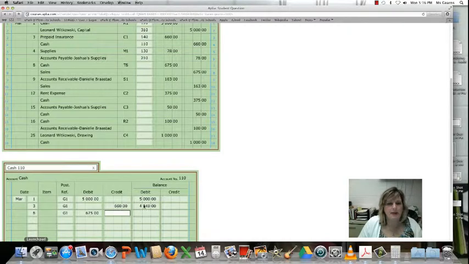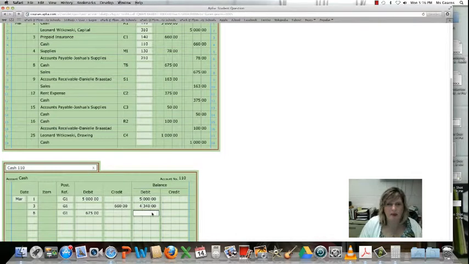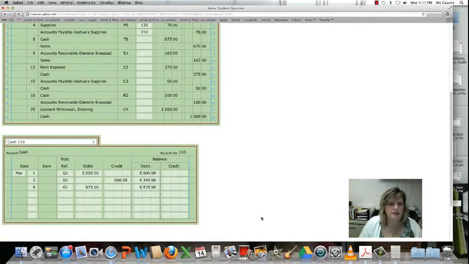I'm going to add that to this balance. So I take 4340 plus 675, and I end up with $5,015, and I enter that in. Then I take my 110 and put it back in my journal to indicate I've posted that entry, and so on.